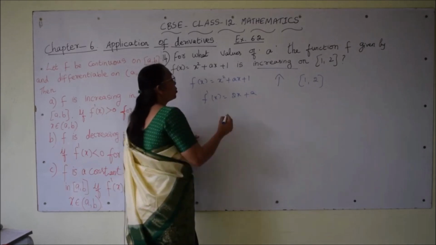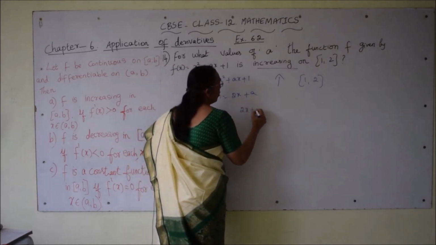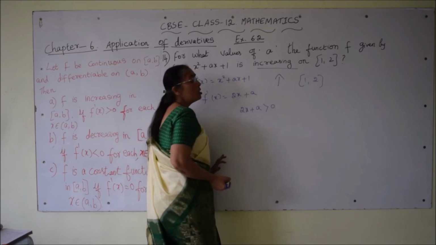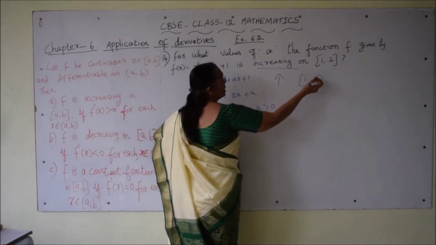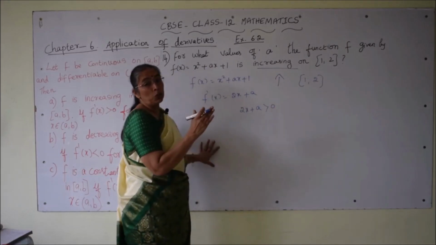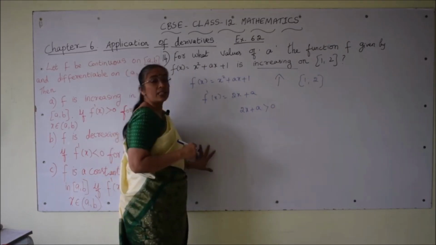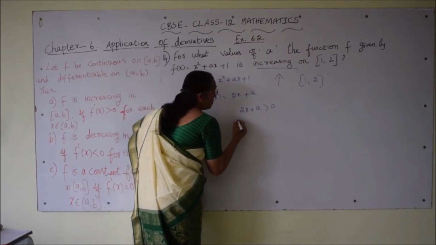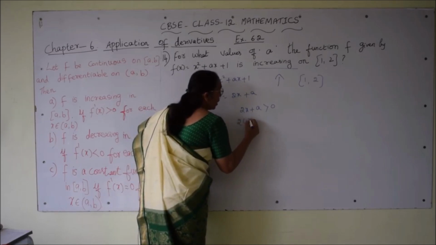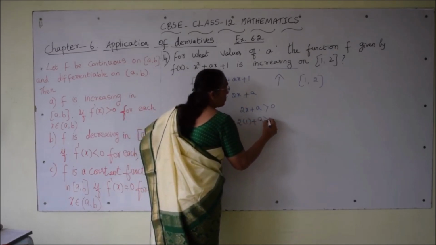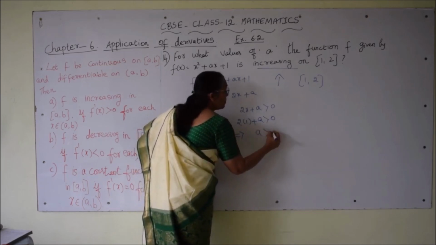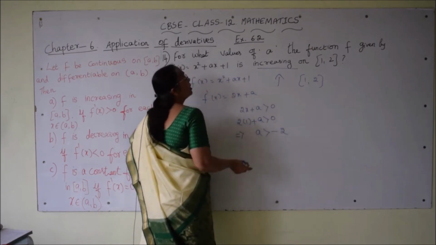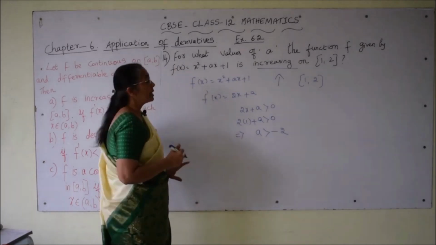Now, this 2x plus a must be always greater than 0 for the function to be increasing, and the interval is given as 1 and 2. So, between 1 and 2, the minimum value for x is 1. When I substitute the minimum value 1 here, 2 ones are 2, plus a is greater than 0, which implies a should be greater than minus 2 for the function to be increasing.